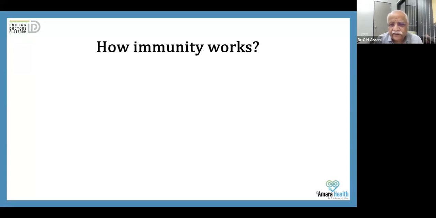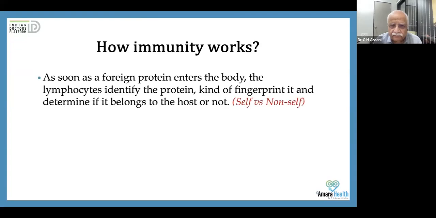So let's look at how immunity works. As soon as a foreign protein enters the body, the lymphocytes identify the protein, kind of fingerprint it, and determine if it belongs to the host or not.